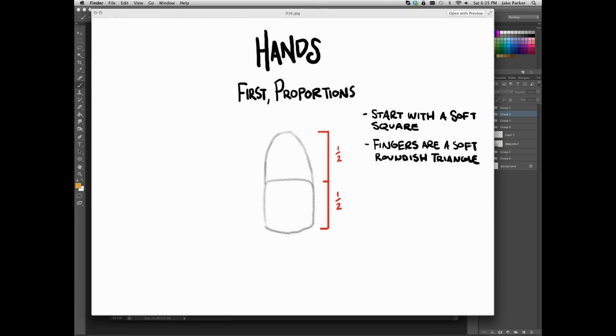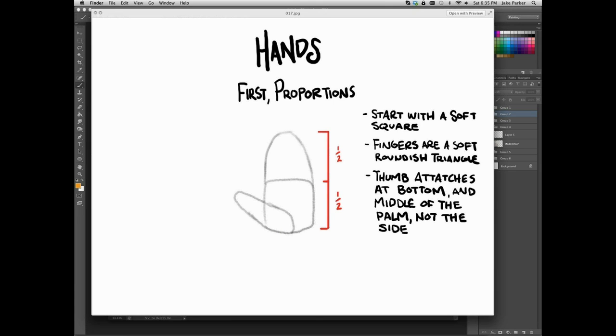Then the third piece is the thumb. Thumb attaches at the bottom in the middle of the palm, not the side. And I think that's something that confuses people and people slip up on. If you look at your hand, hold it right in front of your face, and hold your thumb out away from the hand, and then palm towards you, point that thumb at your nose, okay, and look where that joint is moving. Is it moving on the edge of your hand?